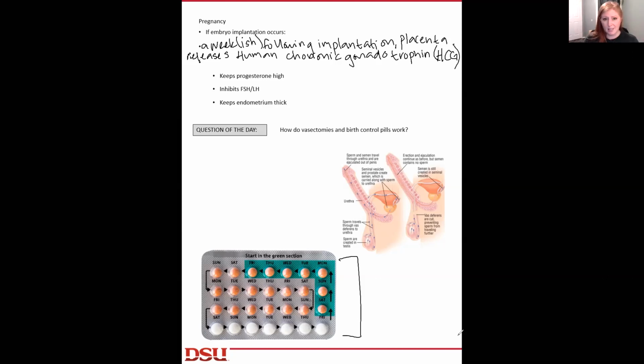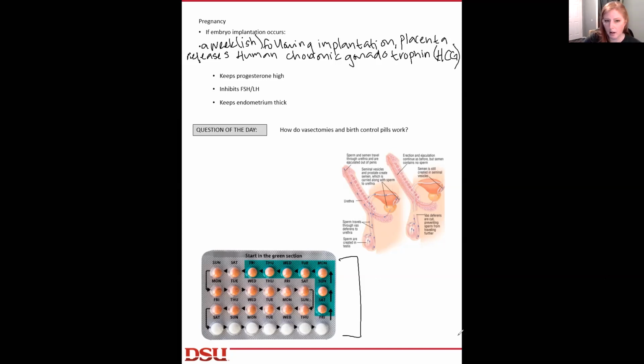You can be nauseous, just all kinds of fun things when it comes to hormone method birth control. So even things like patches and stuff like that, all are going to function the same way. That's how birth control pills, or patches, or anything that's hormone-based birth control work, usually used by women.